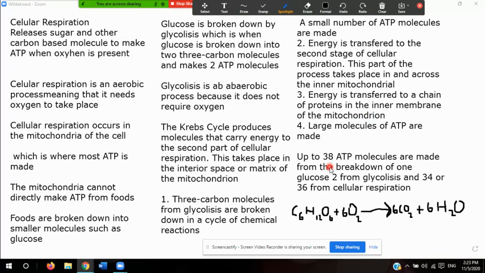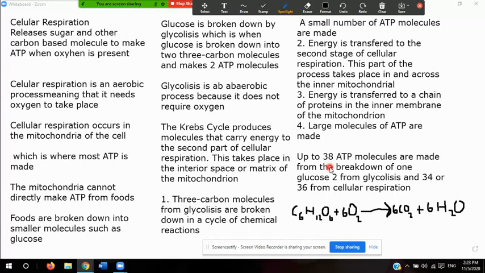And then finally, large amounts of molecules of ATP are made. How many ATP are made in this process? Well, about 36 to 38 molecules of ATP are made. Remember that we already make 2 in the process of glycolysis, and then in the actual process of cellular respiration itself, there's about 34 to 36 molecules made.